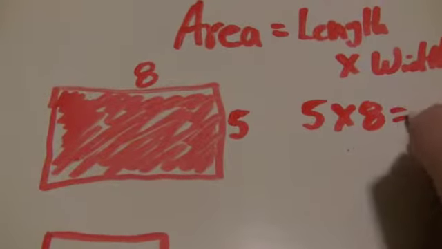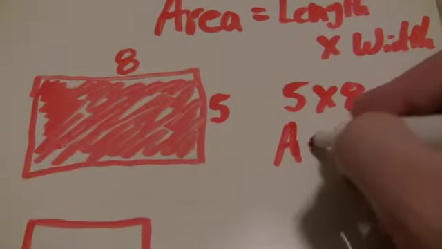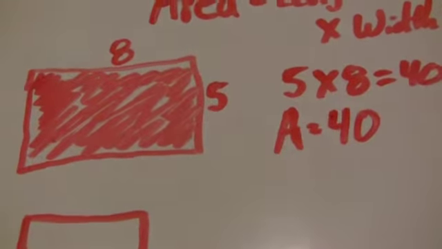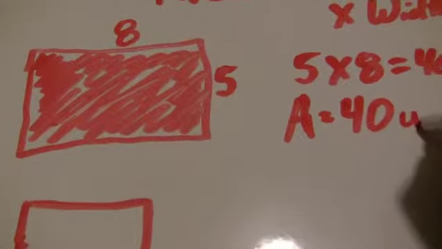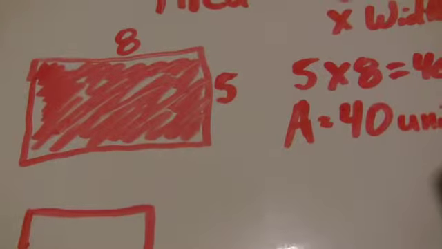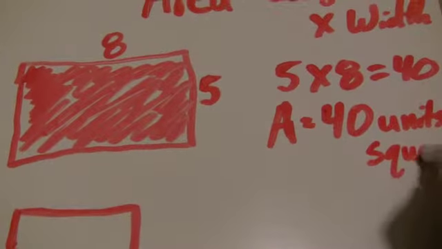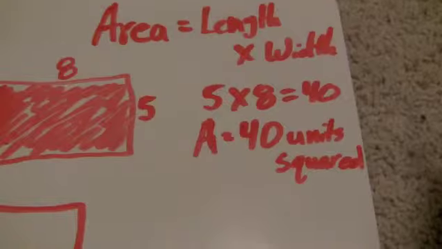So 5 times 8, which is 40. So we know the area, which we designate with an A, equals 40 units squared. In this case I didn't mark units, but units squared, or you could say square units, either is fine.